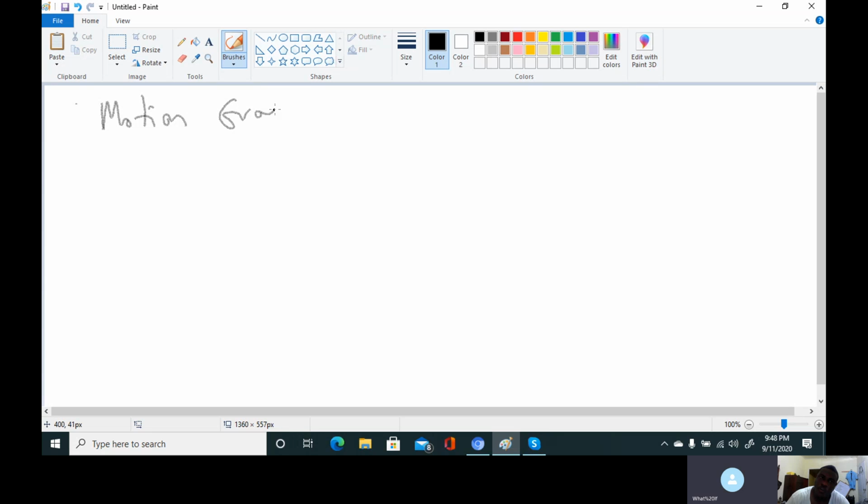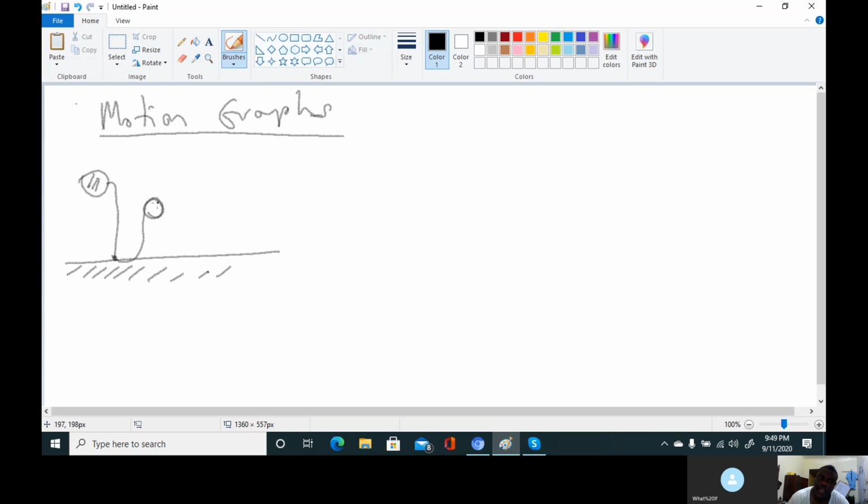We're going to talk about graphs. So a ball starts from here, falls and hits the ground, bounces and reaches a certain height again, and then falls and hits the ground again.